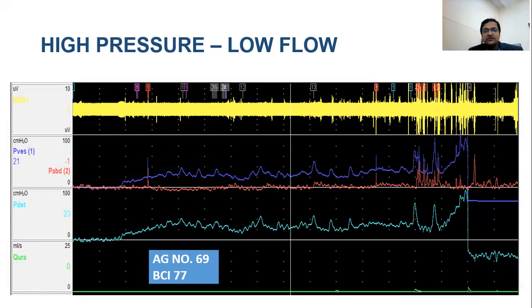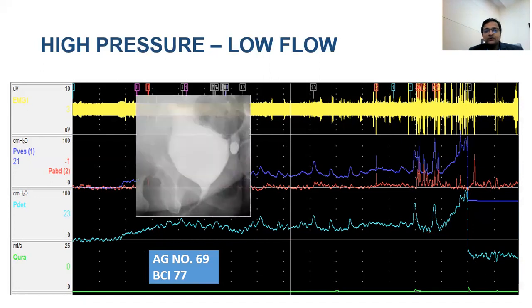In this case, there was an obstructed AG number with a weak detrusor. An MCU correlate showed Christmas tree appearance of the bladder, grade 5 reflux, an open bladder neck, and a non-opening external sphincter. So this is a case of detrusor overactivity with DESD.